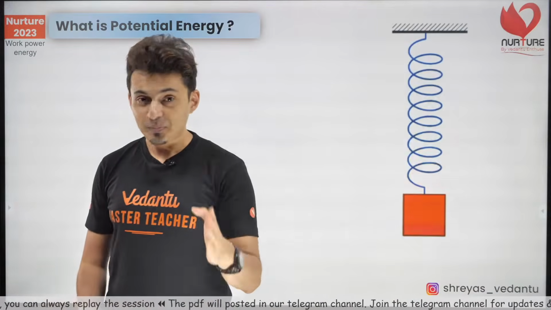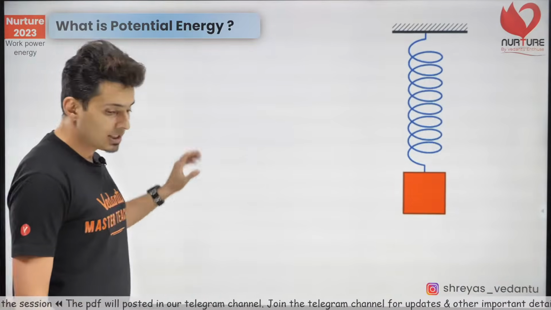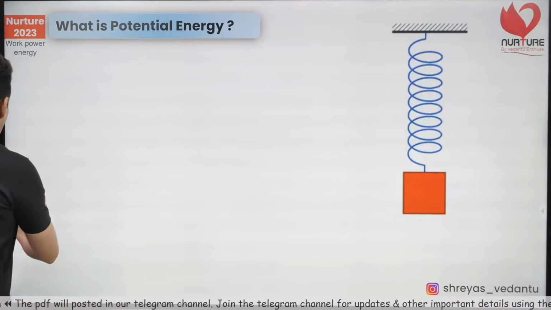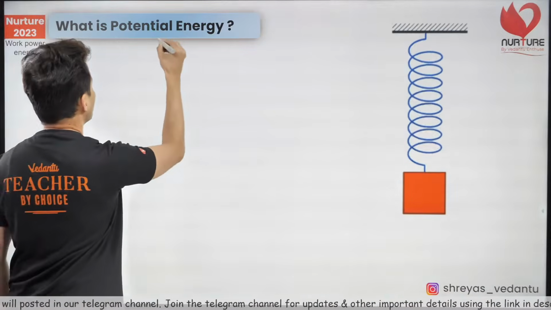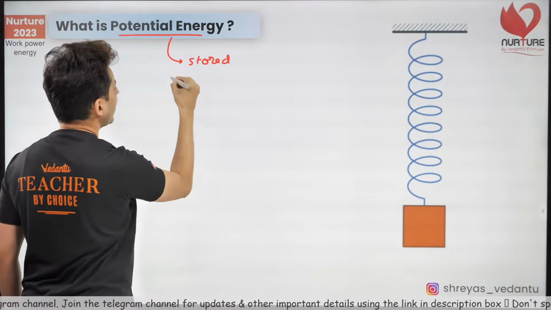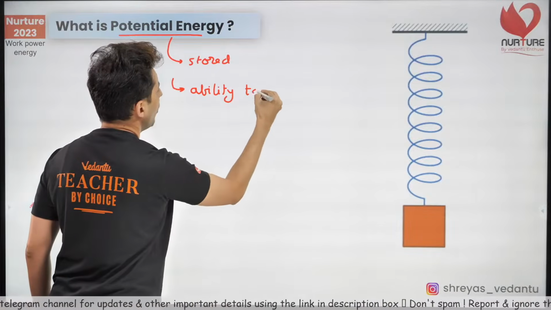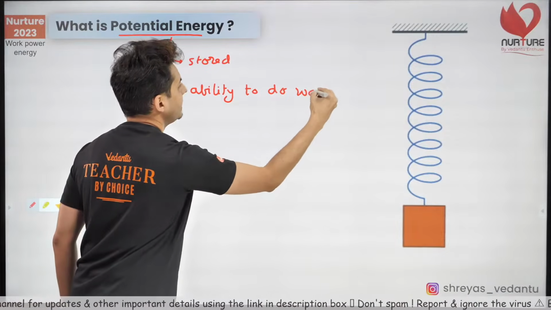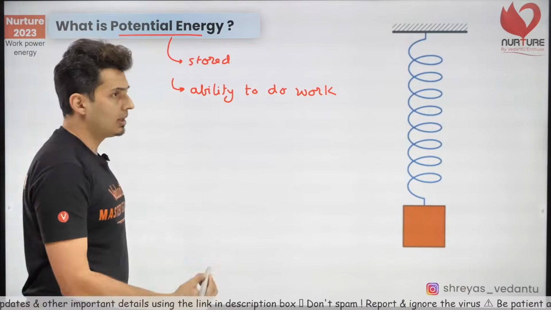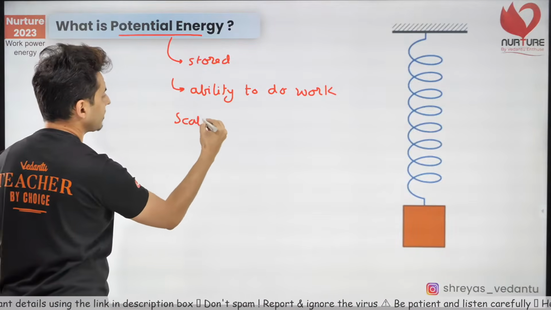So what exactly is potential energy, guys? This energy is nothing but an energy which is in the stored form. It is stored. It has some ability to do work. And this is energy, which means it will be a scalar quantity.